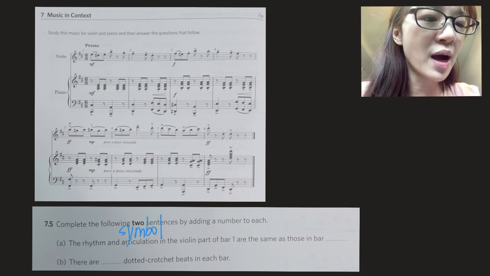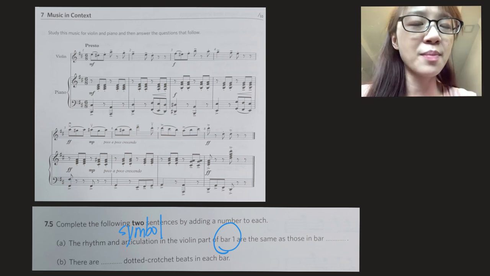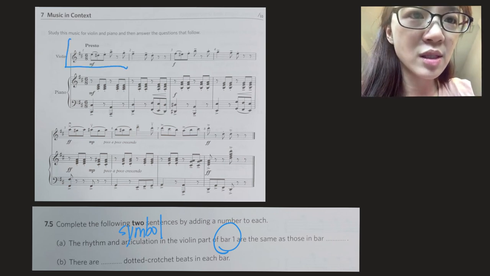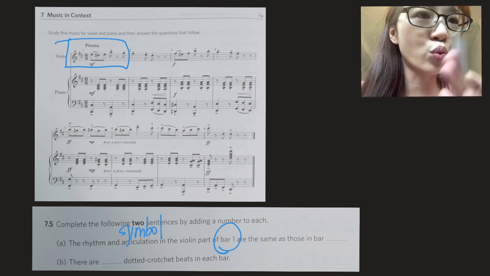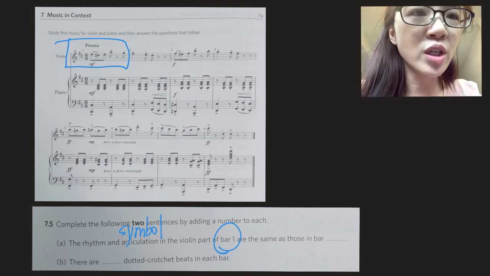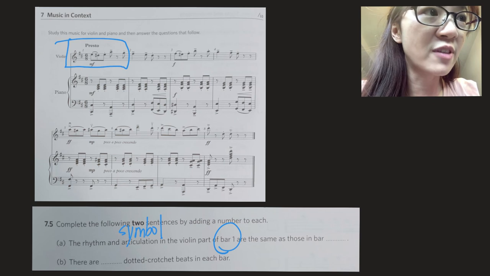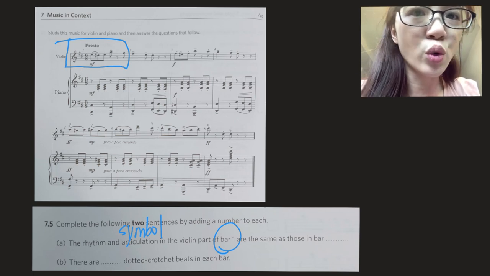In the violin part, bar 1 is the same as which bar? You can check. Look, they have 3 quavers, 1 quaver, 1 rest, and 1 quaver. They have a slur, a staccato, a tenuto, and a staccato. It's the same, so it's bar 3.